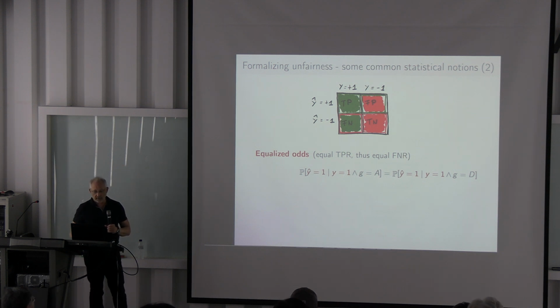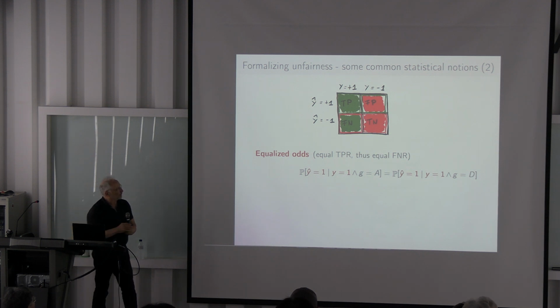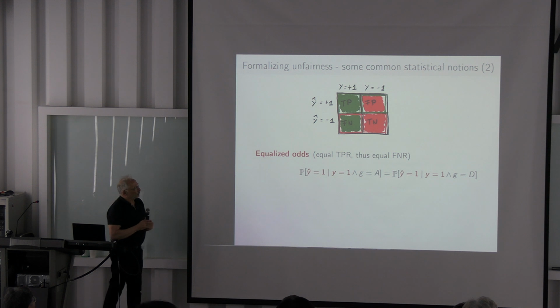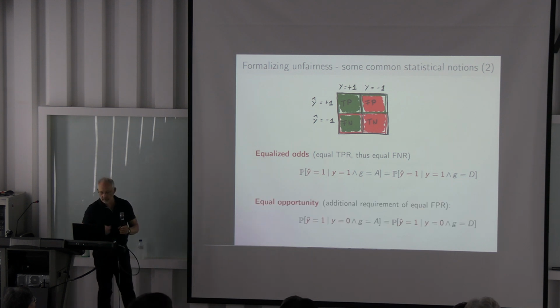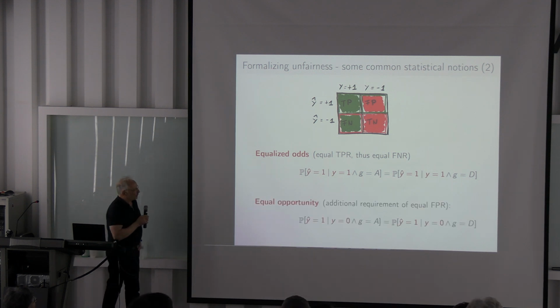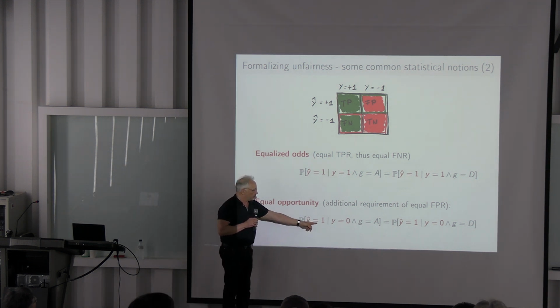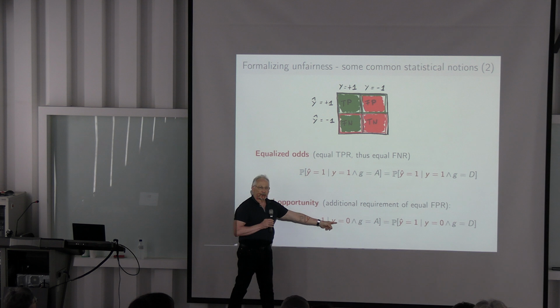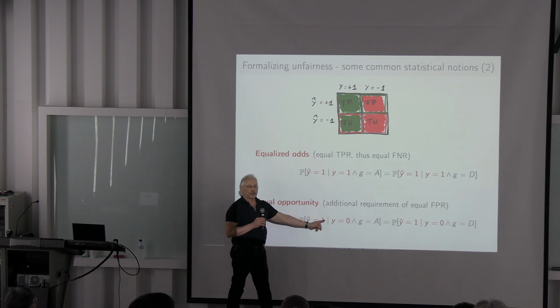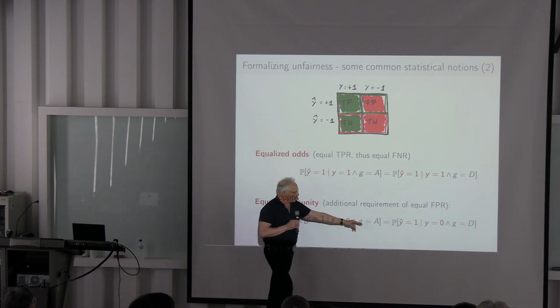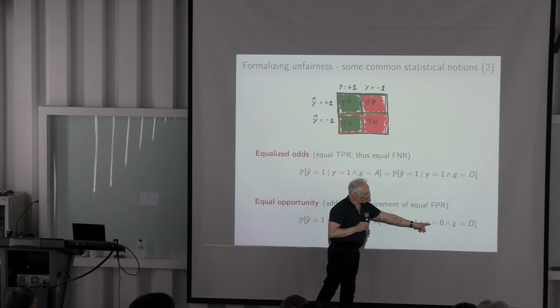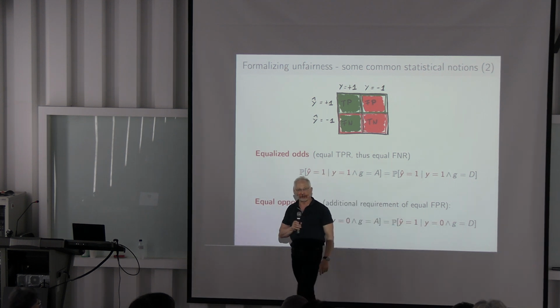So let's say that the true positive rates are the same in both groups, and similarly you can ask that the false positive rates are the same, so that the proportion of those that I accept by mistake is the same in group A and in group B.